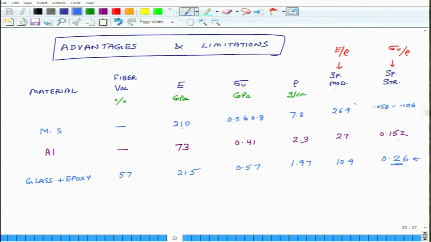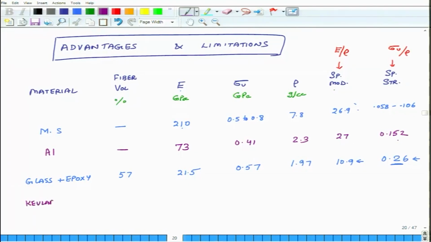So, in terms of providing more strength for the same amount of mass, this is advantageous, but it is not that advantageous if you are targeting stiffness, because specific stiffness here is less than that for steel or for aluminum. Let us look at some other composites.